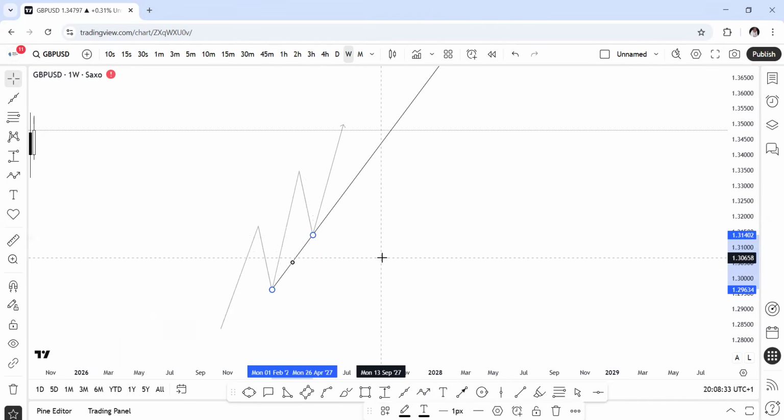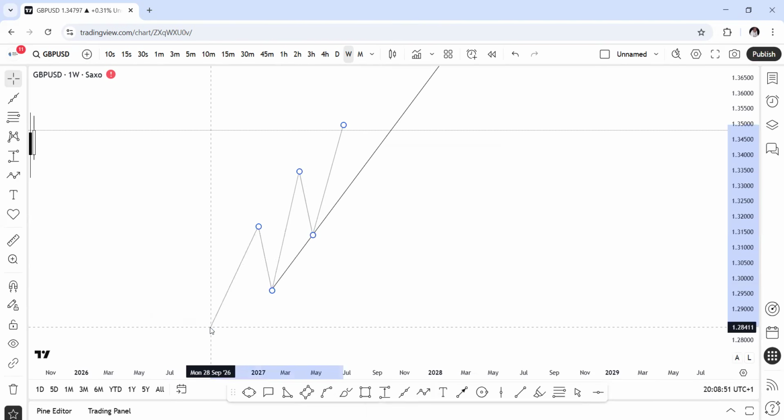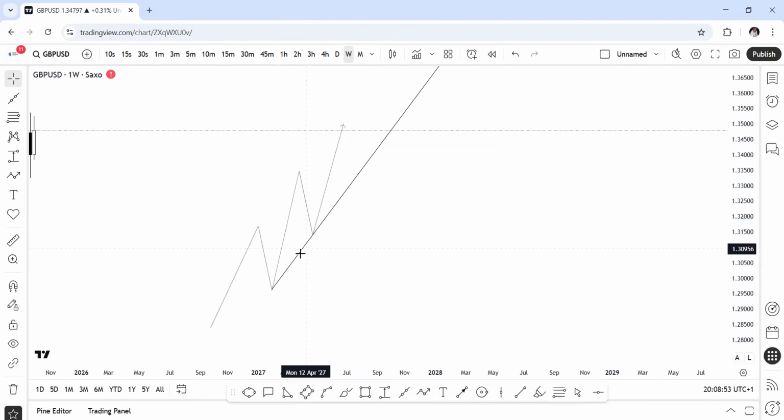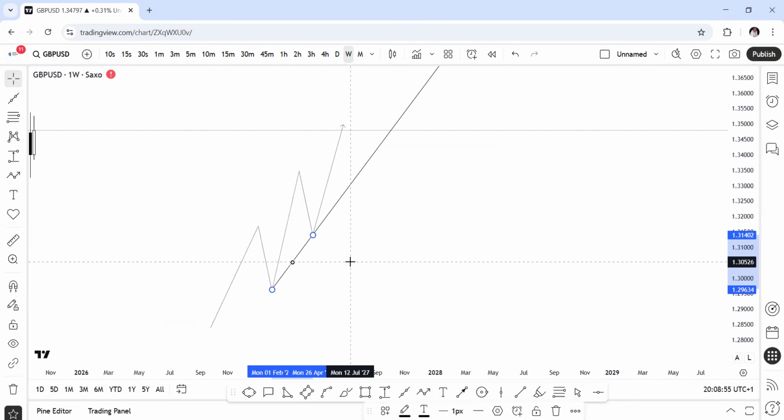Please, if you are new to trend line information, I've already done videos in the past on the settings. Go to the YouTube channel and watch how to set your trend line on TradingView and the MetaTrader platform. We'll not be able to go into that detail here, for the purpose of this class, we want to make use of time. This is the first point. This is the second point.